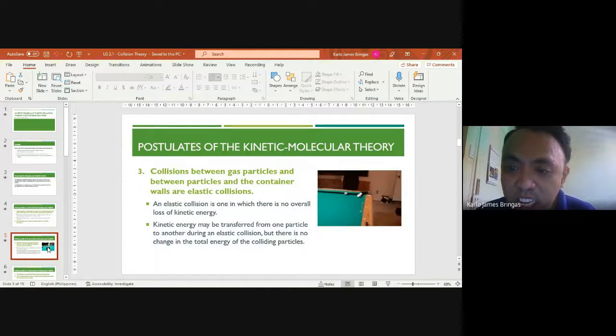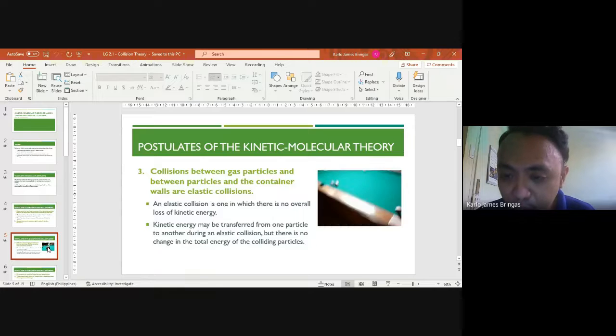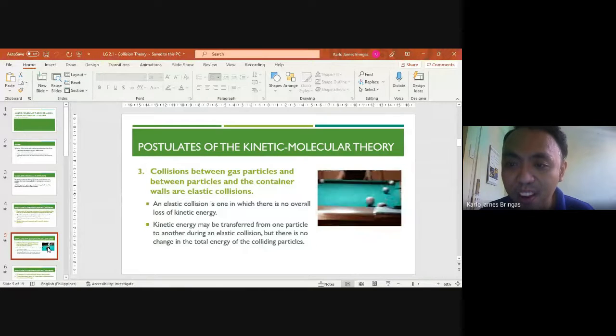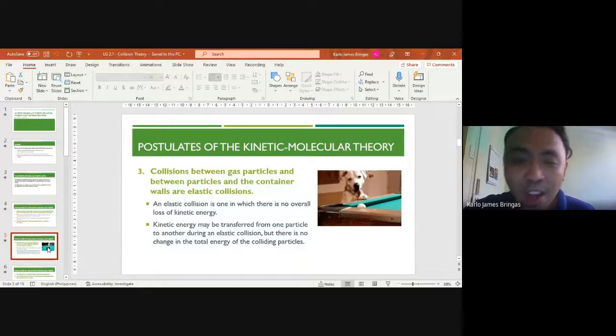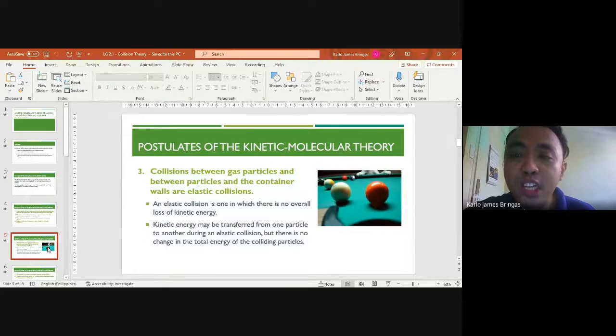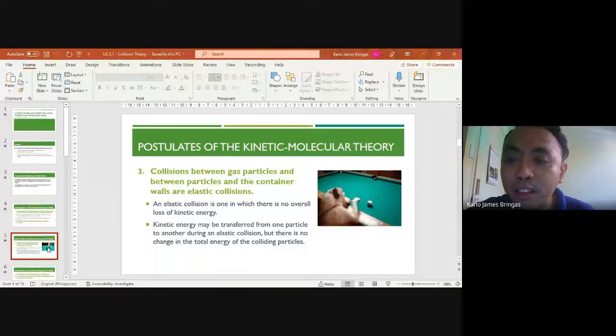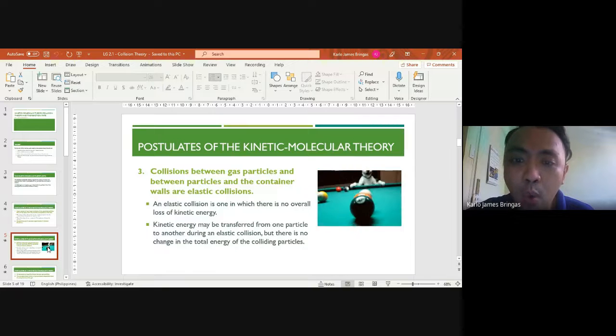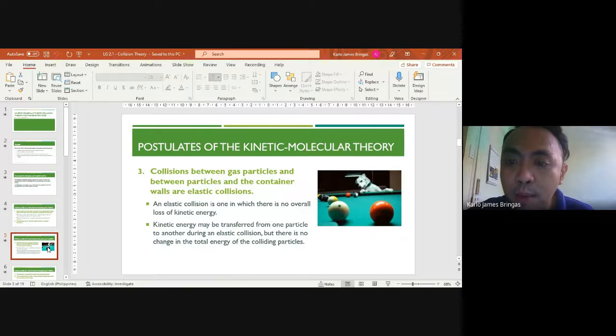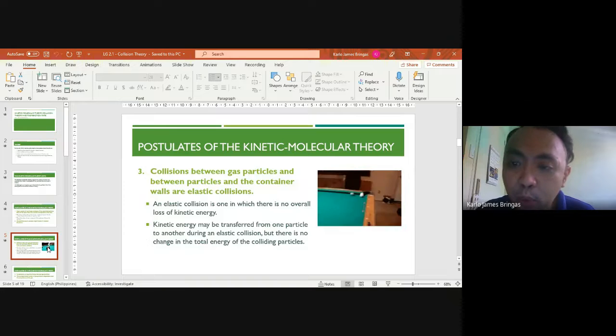So you have here a GIF that I have in this PowerPoint, a dog playing billiards. An elastic collision, we can visualize it as something like the collision of our cue ball with the other billiard balls here. As you can see, our cue ball can just bounce off the other balls or the sides of our pool table.